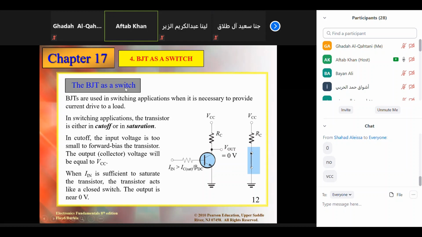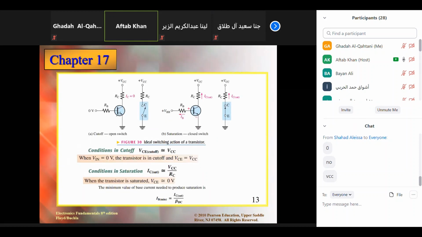So this is more detail about this. What happens in cutoff, girls? In cutoff, there is no input voltage, so it behaves like an open switch, meaning no current is flowing across RC. So whatever we are applying here appears as the same voltage. So we can say VCE or V out in cutoff is equal to VCC.